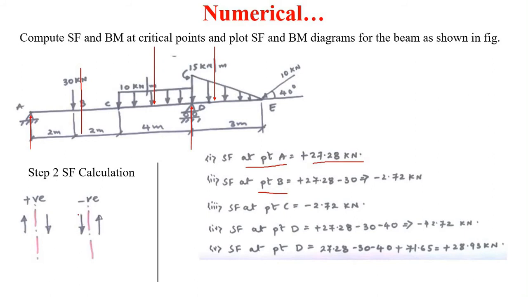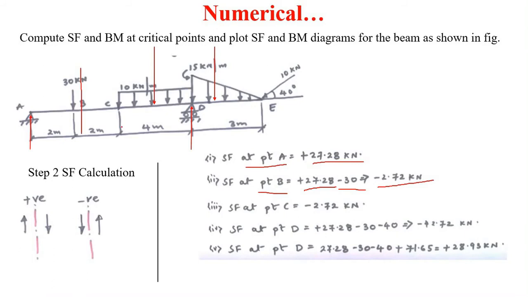So this left side downward force will be considered as a negative force. Therefore, the shear force at point B is equal to 27.28, that is RA, minus this 30. This RA minus this 30 will become minus 2.72 kilonewton shear force at point B.